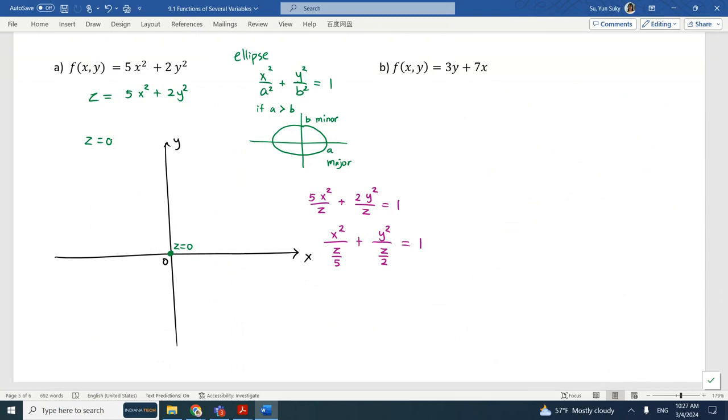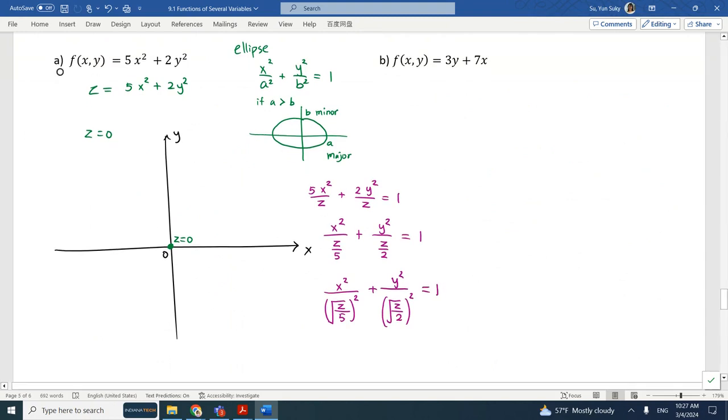And then my last step, I want to express this as something squared. Okay, I can put a square root there. Plus y squared. And then I want to express that as something squared. So then I have z over 2. So we express this like the standard form.